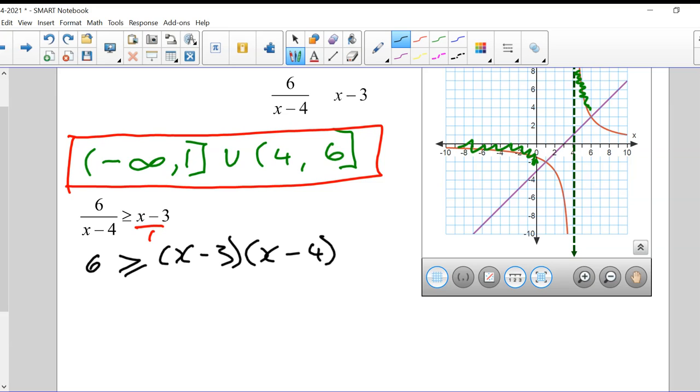Okay, that makes sense, right? That's the cross multiplication that all of you told me I should do, and I've just done that. All right. So I'm going to go ahead now, and I'm going to multiply out the right side. So 6 is greater than or equal to x squared minus, I'm going to do it a little quicker now. Minus 3 and minus 4 gives you minus 7x, and then plus 12.